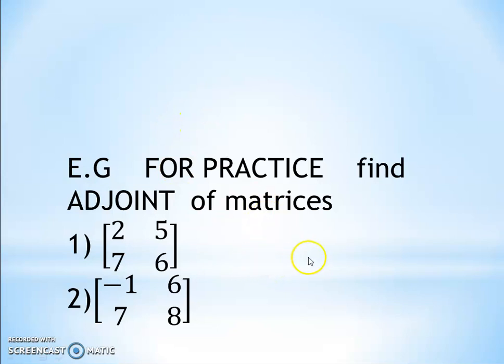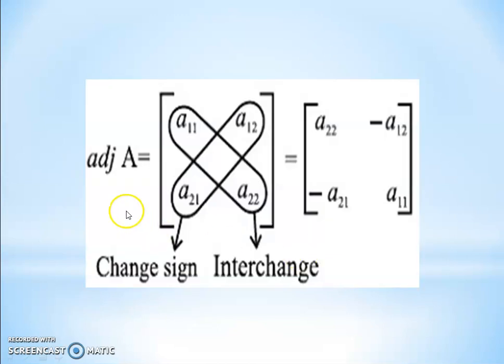I want to revise this because it is important. Adjoint of A, that is the shortcut method. We have to remember adjoint of A is equal to this diagram. We have A11, A12, A21, A22. These elements will be interchanged and we change the sign of the other elements.